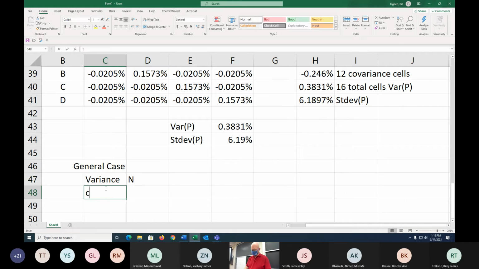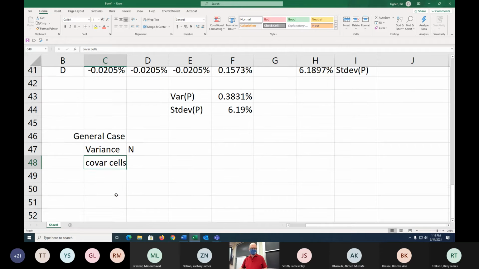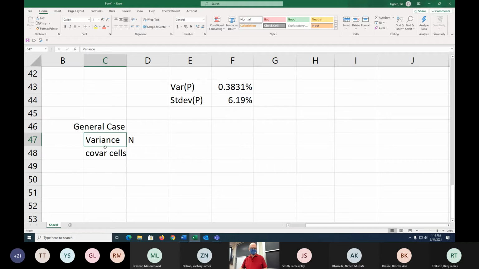How many covariance cells? Okay, well, we had a total of 16 cells. 12 were covariance, 4 were variance. So what you actually did, you said it was N times N, 4 times 4, minus N. Okay.